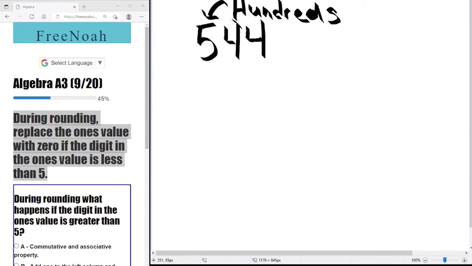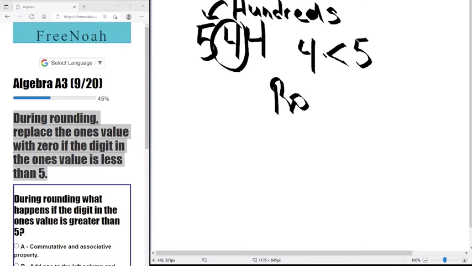This means we have to evaluate the tens place value, which is a 4. 4 is less than 5, so we must round down, because those are the rules: 4 or less, you round down. 5 or more, you round up.